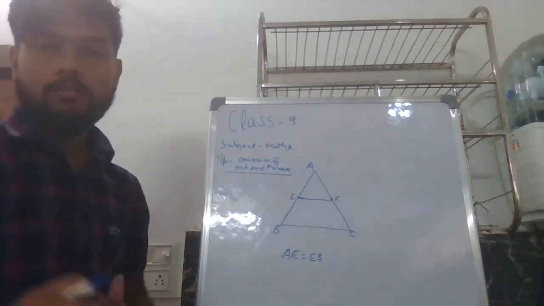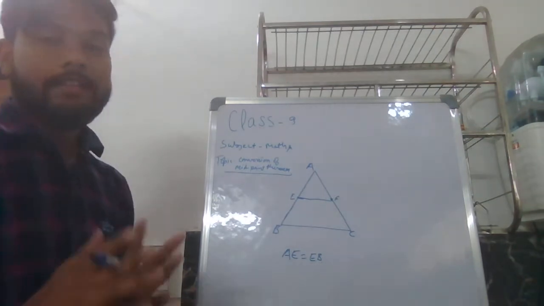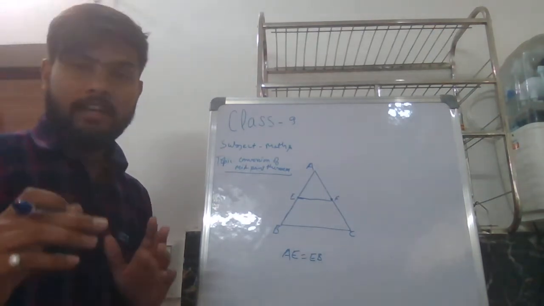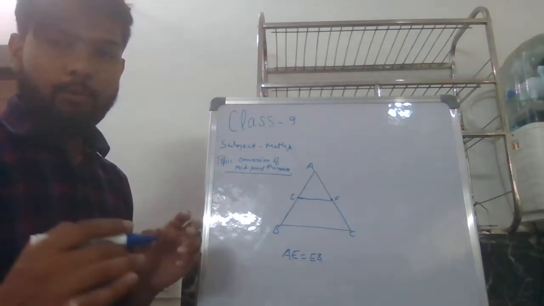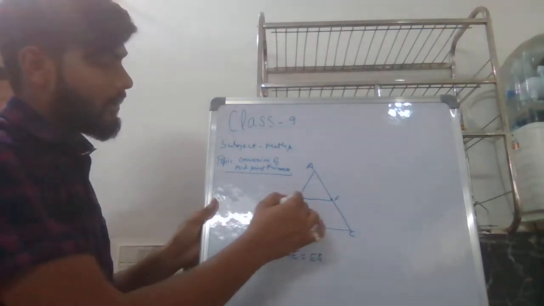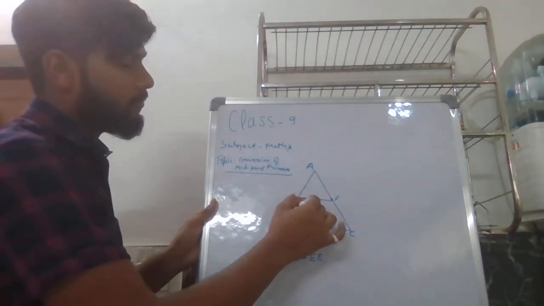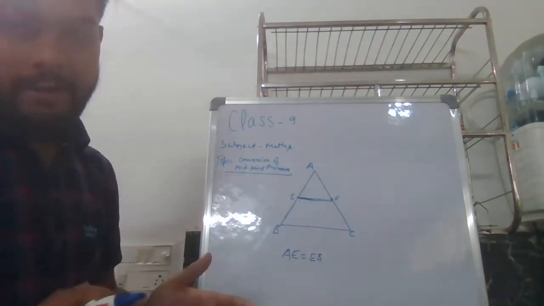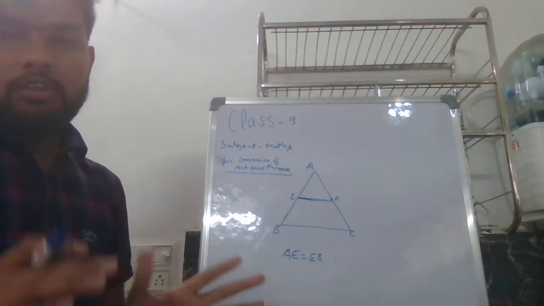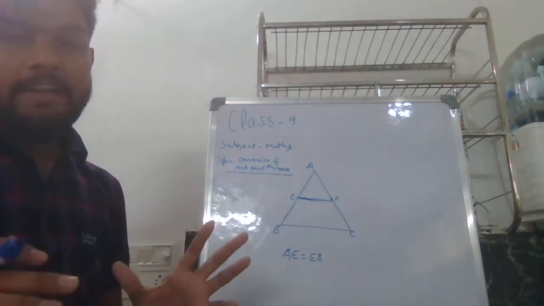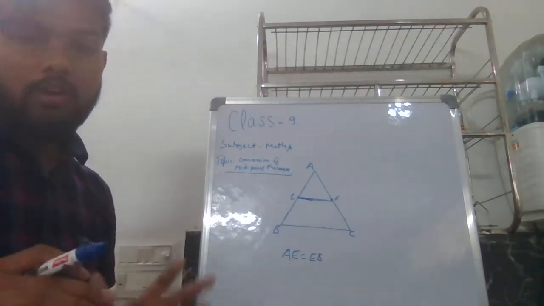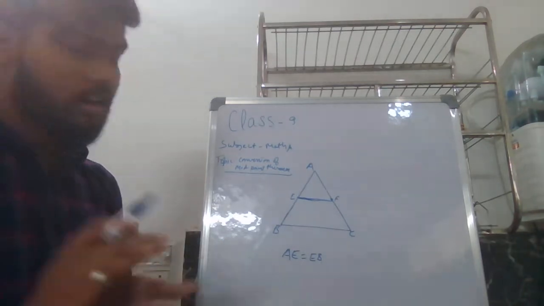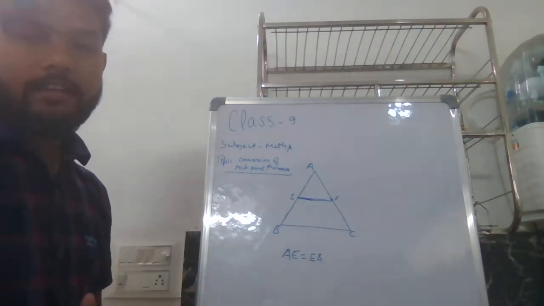Here we will see the theorem. We have drawn a line through the midpoint of one side of the triangle, and we have to check whether a line parallel to another side bisects the third side or not.